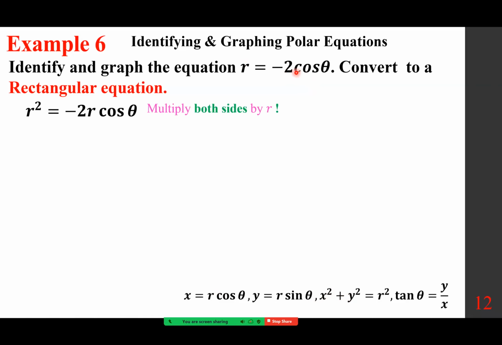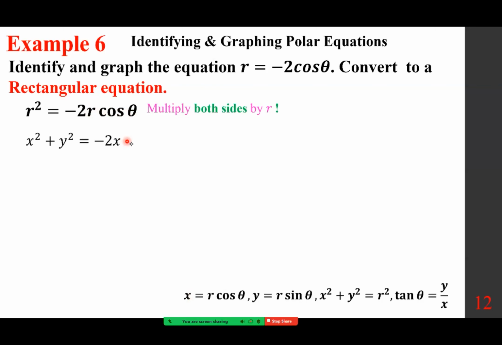And we know if we had an r here, r cosine theta is x. So now we're going to replace the r squared with x squared plus y squared, minus 2, r cosine theta is replaced by x. So minus 2x.